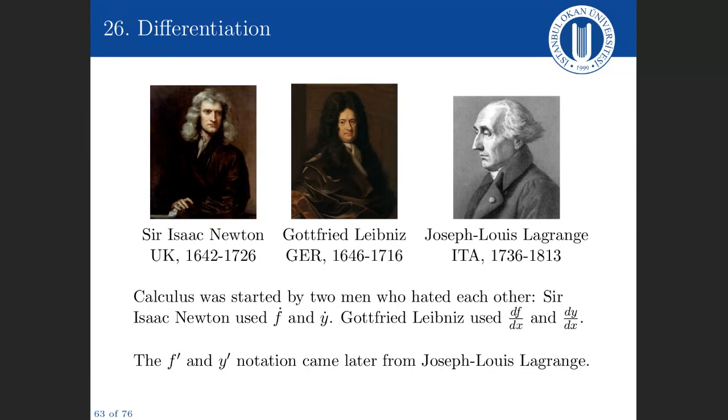Gottfried Leibniz, who we now think is the one who invented calculus, used df dx and dy dx. The notation f prime and y prime, which I've been using so far, was introduced later by Joseph Louis Lagrange.